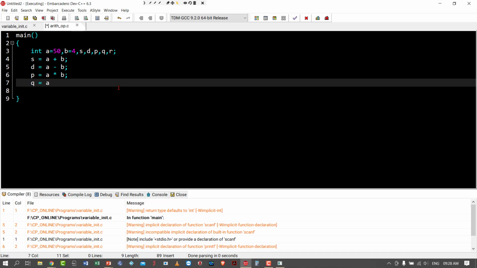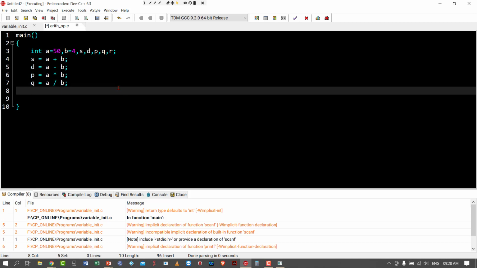Which slash, forward or backward? Sir, forward. Okay, very good. Rishi Sagar, what about r? A percentage b. This symbol is percentage, but we generally call it the modular symbol.